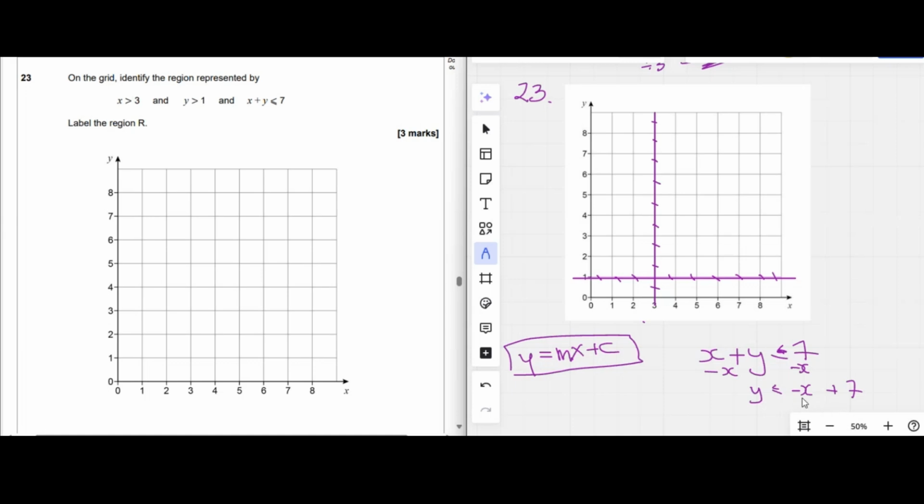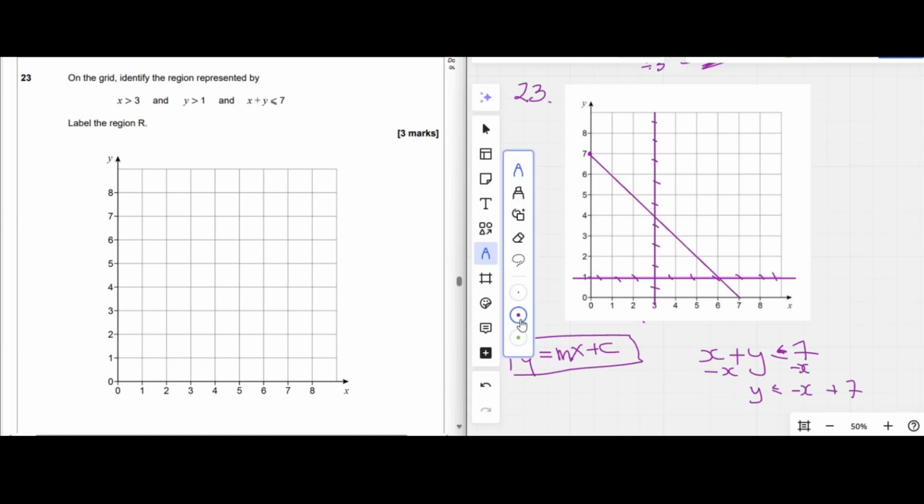Okay, so negative 1x plus 7. So let's find that 7 first, as this is the point of intersection, and negative x is just a straight line going descending, right? Negative gradient. And that is less or equal, so that line can be solid, not dotted.